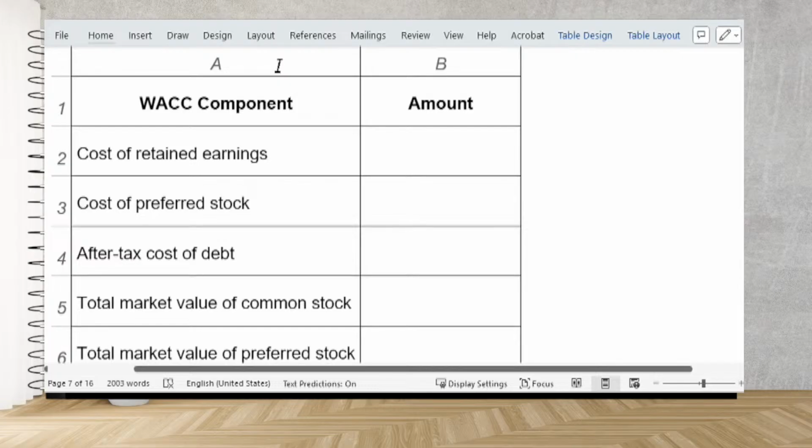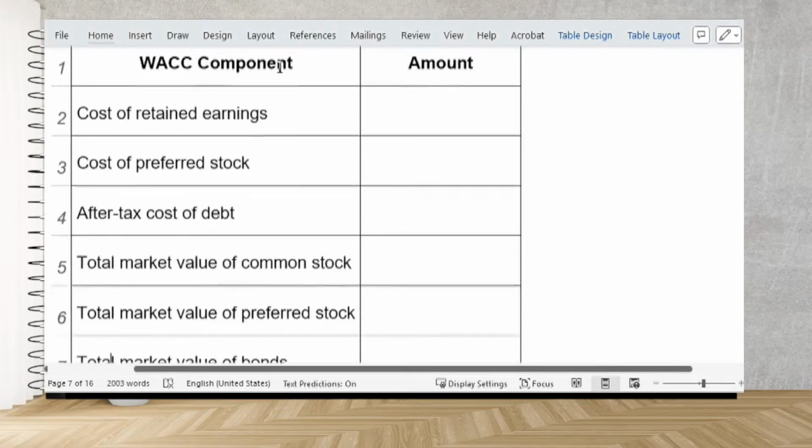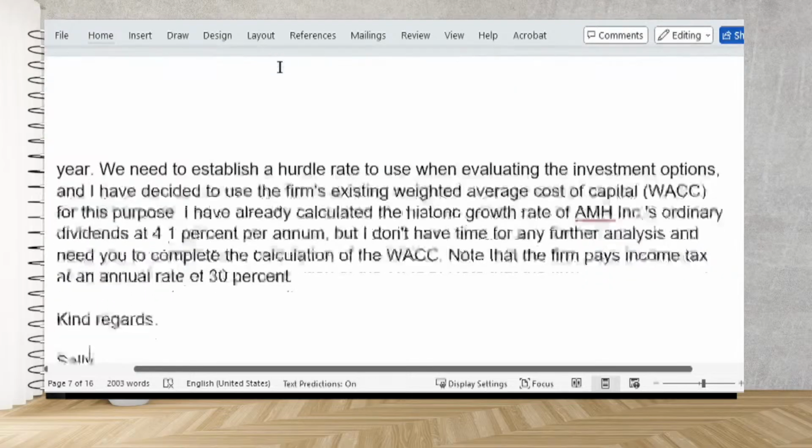Then total market value of common stock. We know it is currently trading at 4.7. So we need to know the number of common stock, so that we can get it from the balance sheet somewhere.